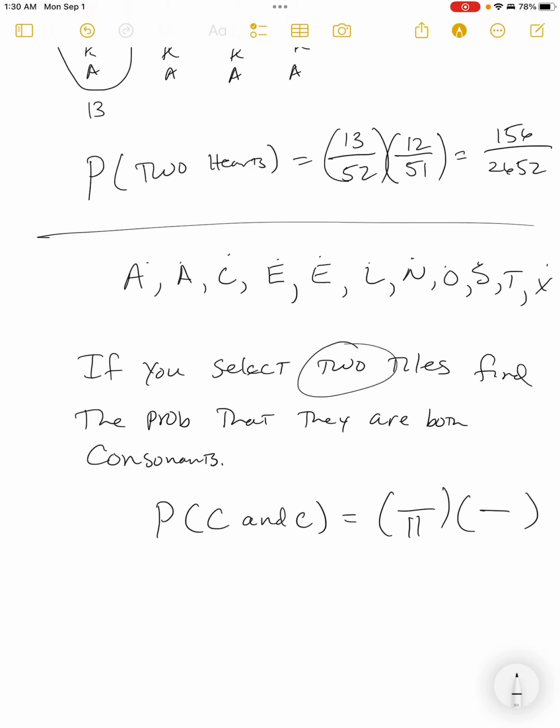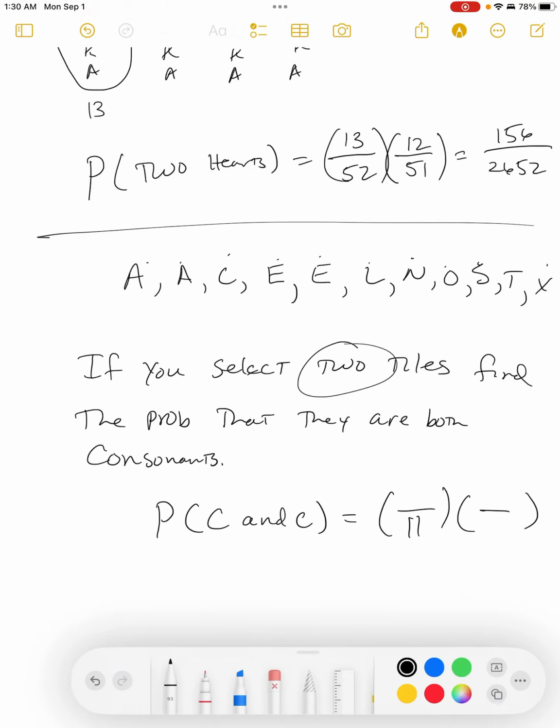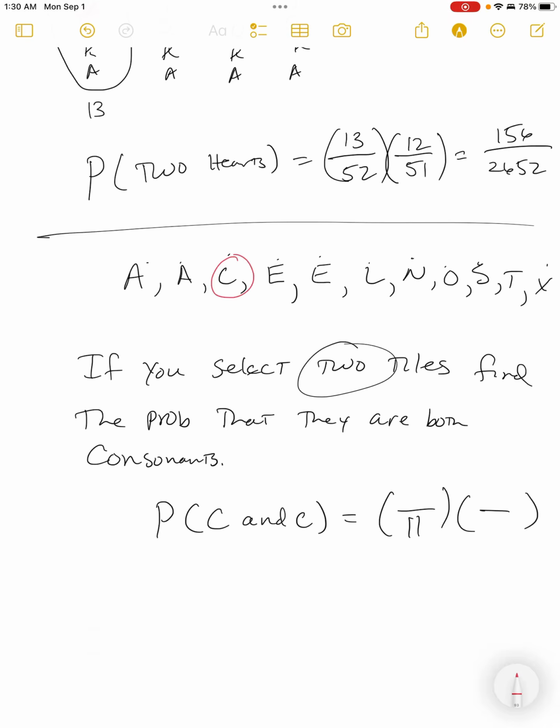So we have 11 total tiles in our bag. And we grab one tile out and we want to know what's the probability that it's a consonant. And so if we go and circle the consonants, we find that the consonants are the non-vowels. We have 1, 2, 3, 4, 5, 6. 6 out of the 11 are consonants.